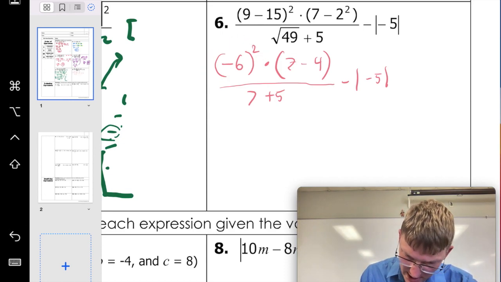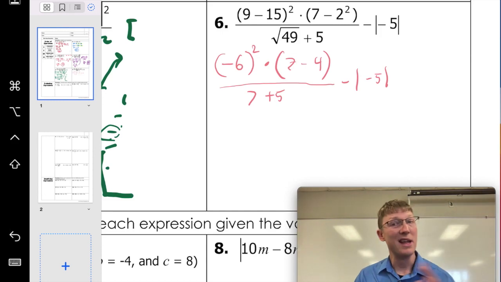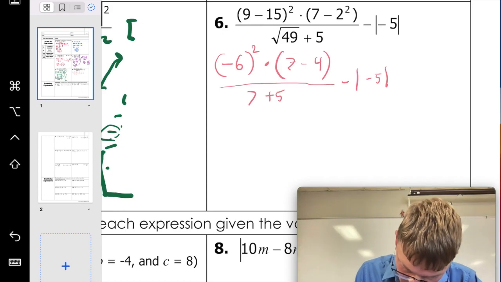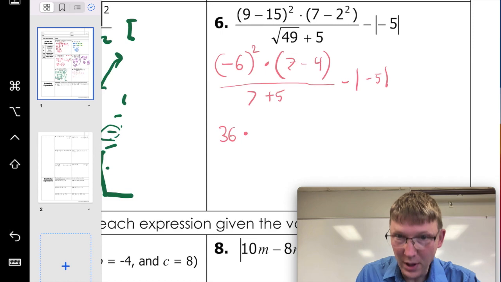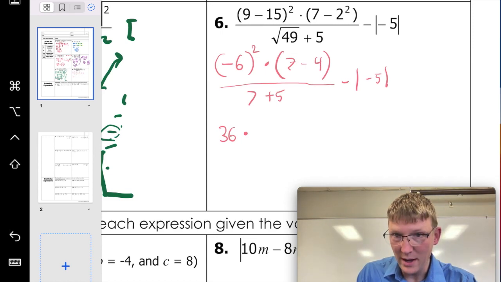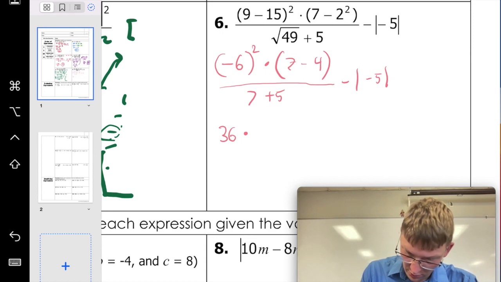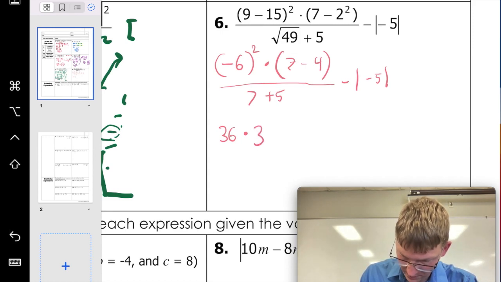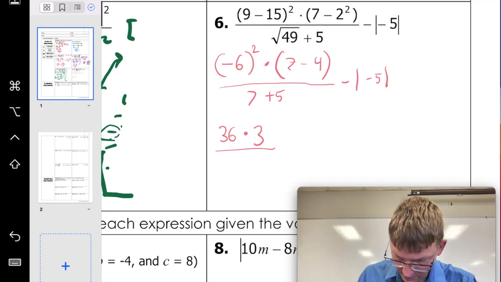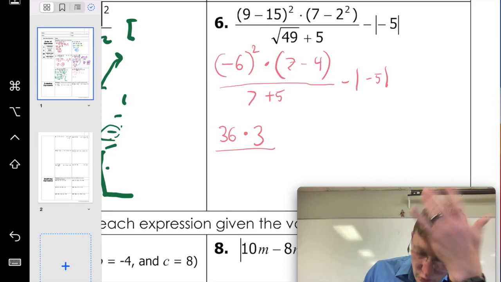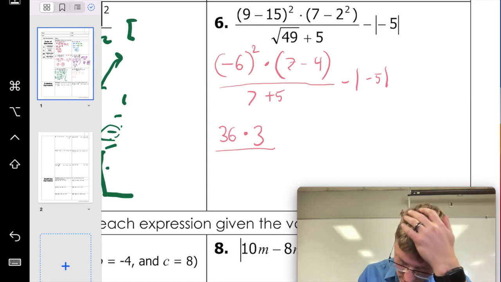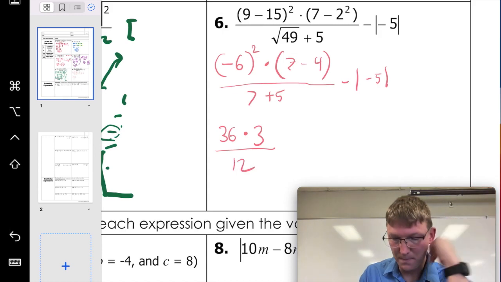We can deal with that guy. 6 times 6 is 36, or negative 6 times negative 6 is still positive 36. So we've got 36 multiplied by 7 minus 4, which is 3, over 7 plus 5, 12? Sure. I'll take it.